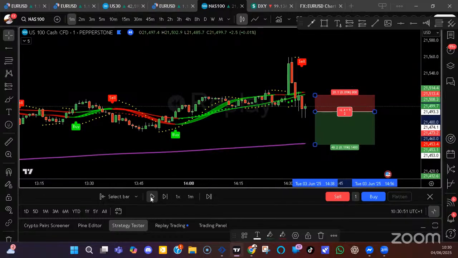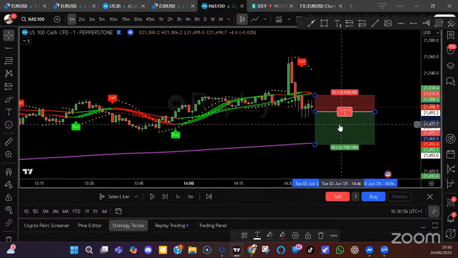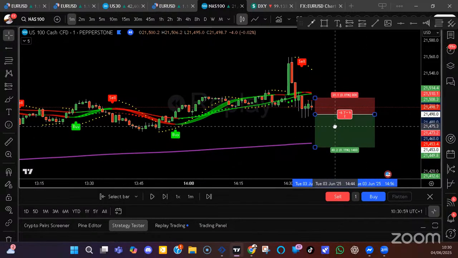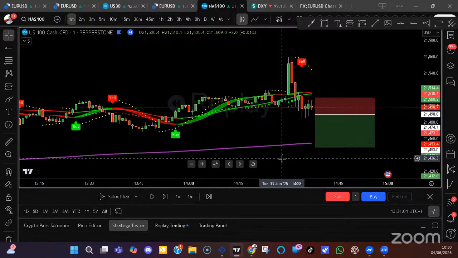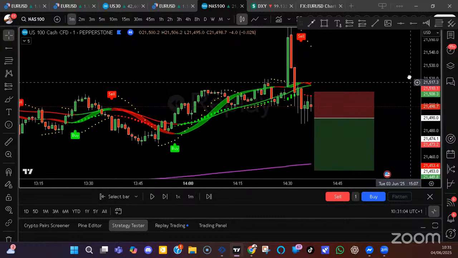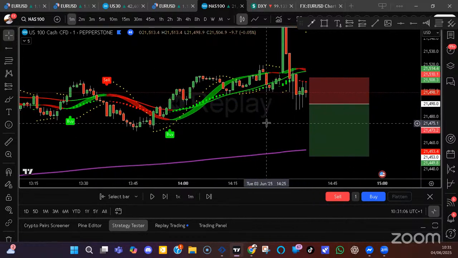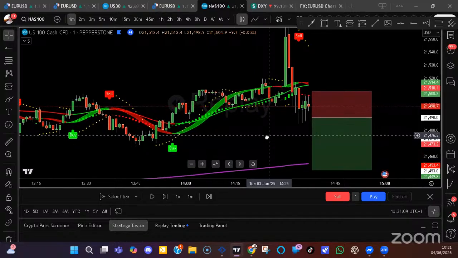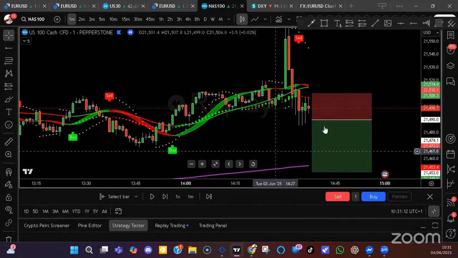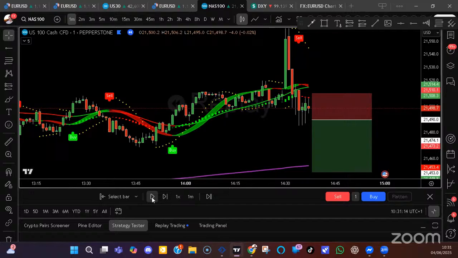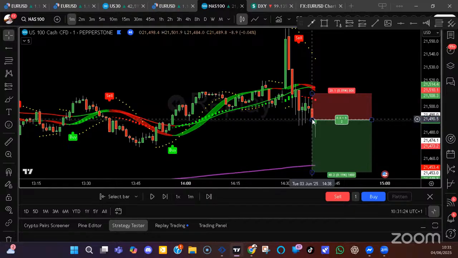Let's play it on one by one. That's where the stop loss would be. I'll make this a bit bigger. We've got the sell, but the trend line's still green. Let's play it on one by one. And this is where I'd be in the trade here. Trend line's red. Let's see what happens.